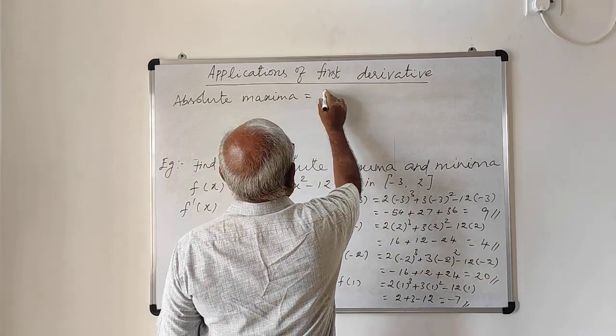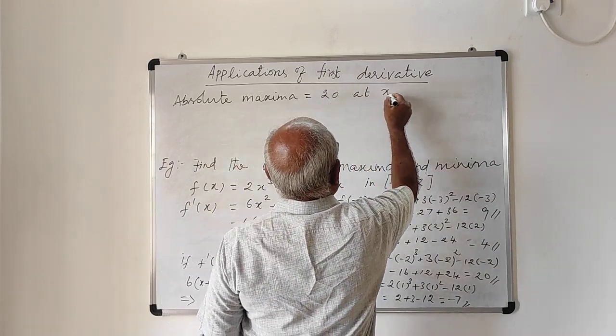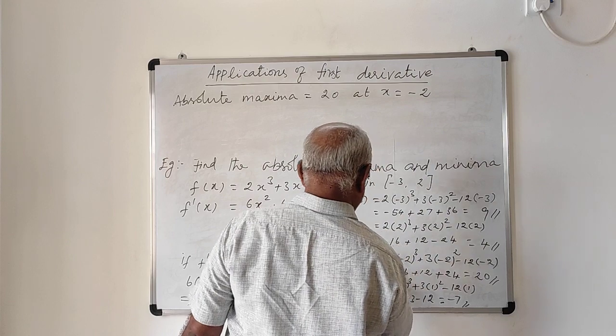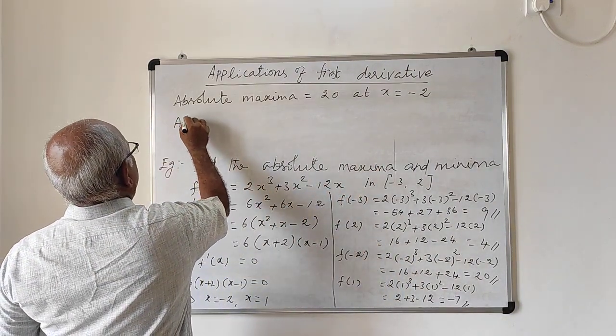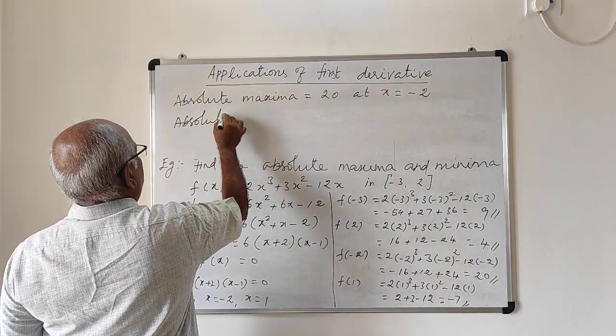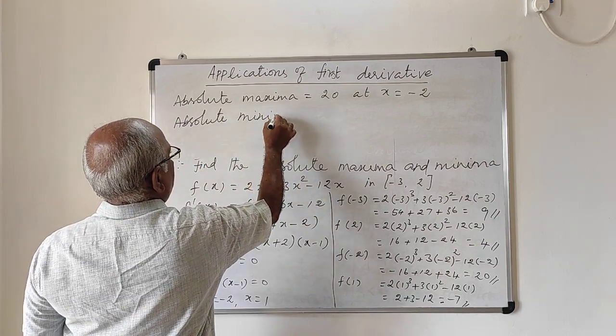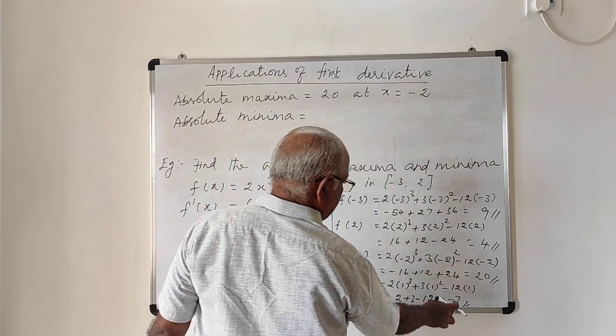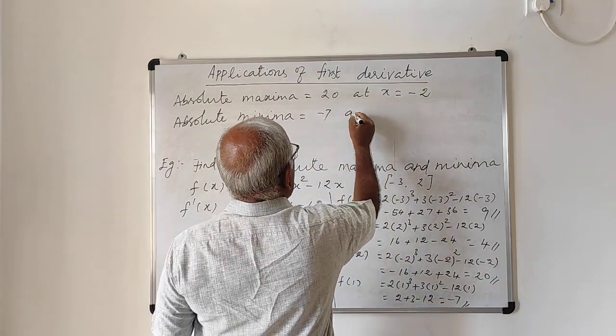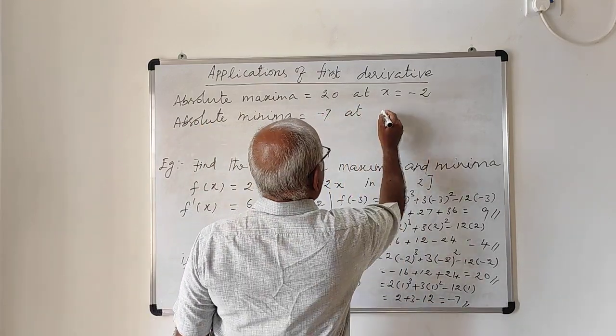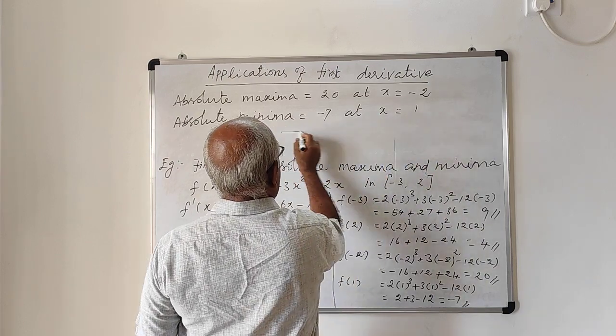Therefore, absolute maximum is 20 at x equal to minus 2. Absolute minimum equal to minus 7 at x equal to 1. That's all about the answer.